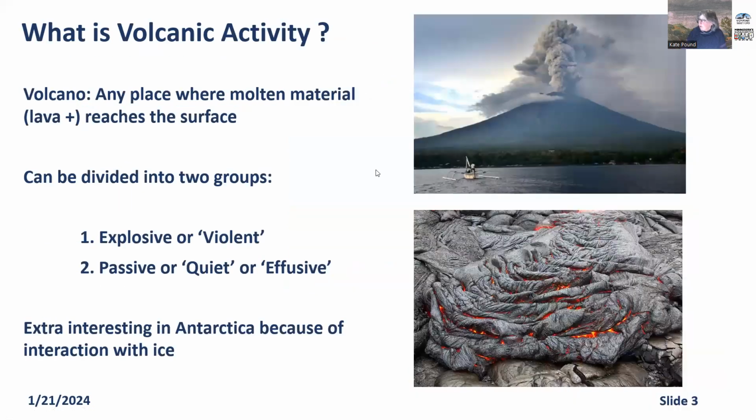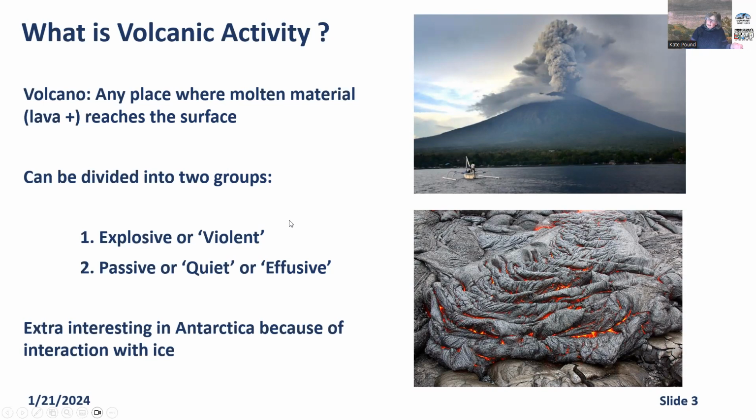All right, so what actually is volcanic activity? First, any place where molten material, lava, and other products, we'll get to that, reach the surface. And one way that people divide up the different types of volcanic activity is into two groups.